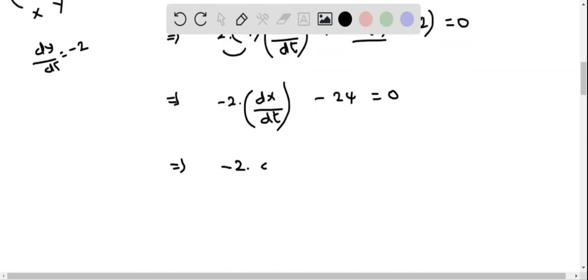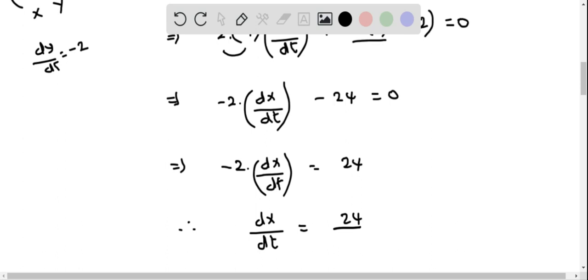So we get negative 2 times dx over dt equals positive 24. We divide by negative 2, so we get dx over dt equals 24 divided by negative 2, which equals negative 12. And so this is the value for dx over dt.